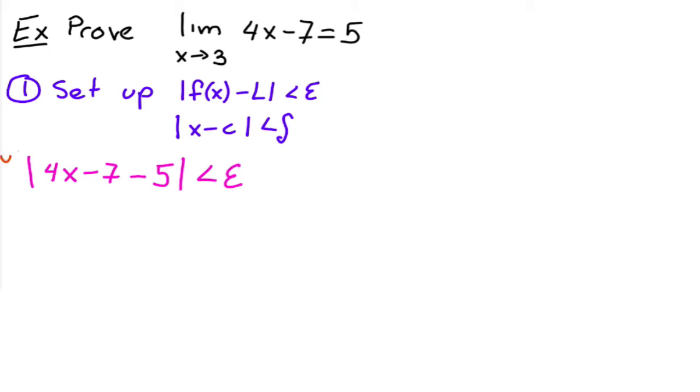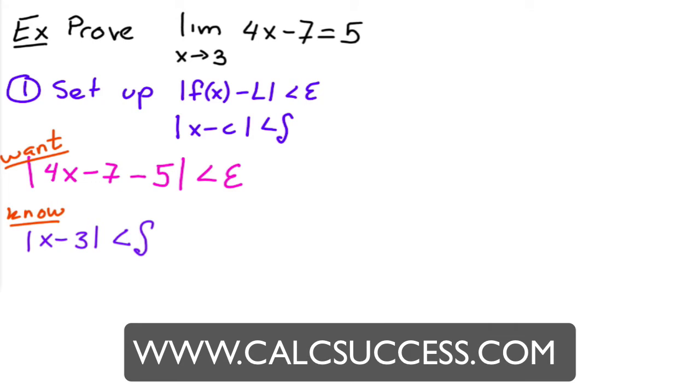This is what we want, remember. And we know that |x − c|, or |x − 3|, is less than delta. Remember that you're trying to satisfy this. This is what you want, and this is your tool. This is what you know.